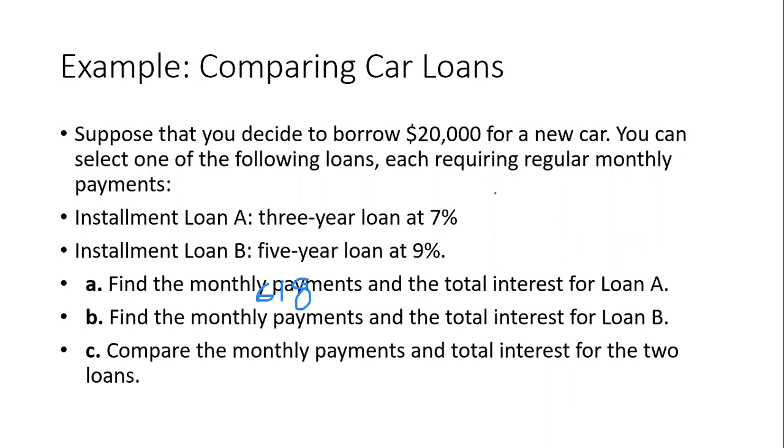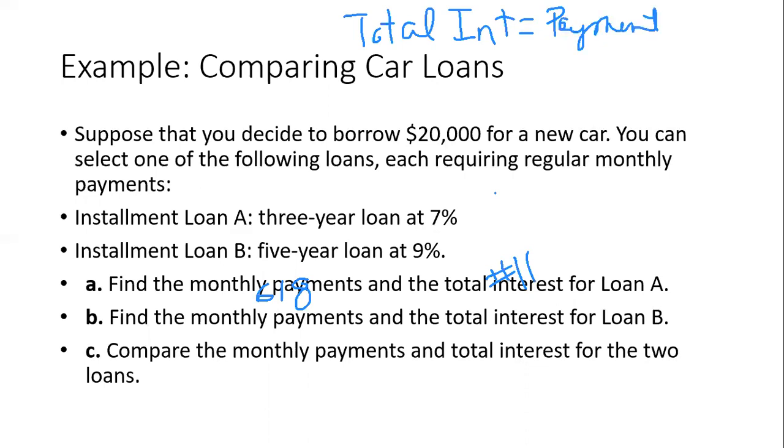And then we want to know the total interest for loan A. Well, the total interest is going to be formula number 11. So formula number 11 on our reference sheet says the total interest equals the payments total minus the loan total.